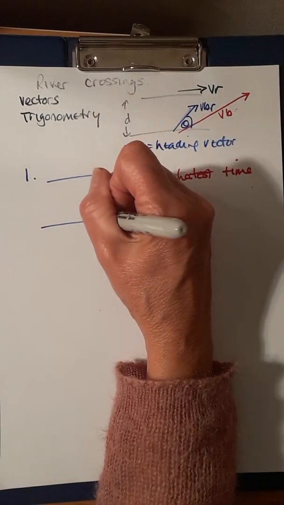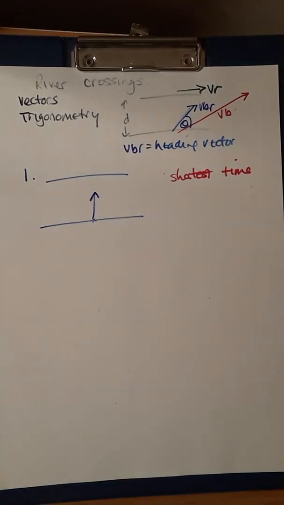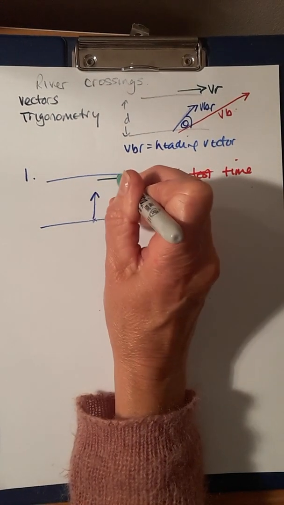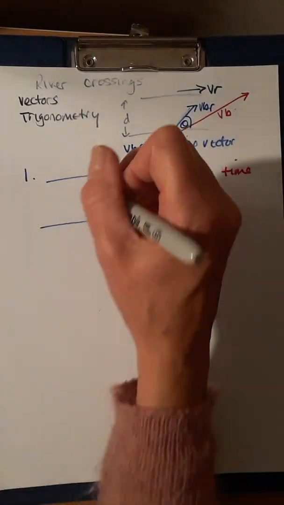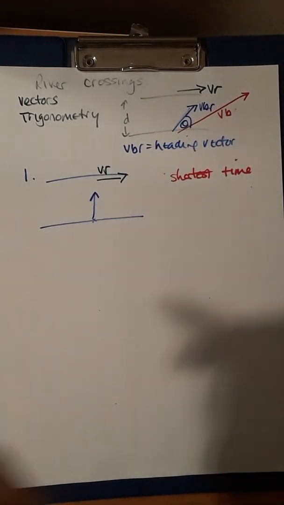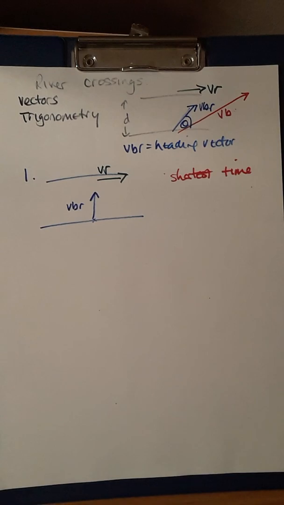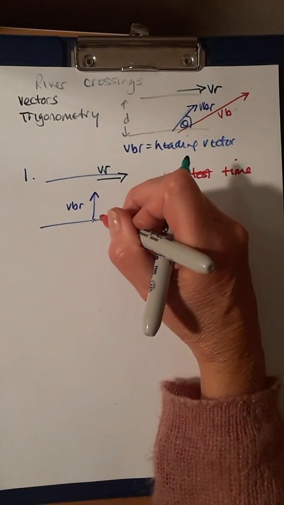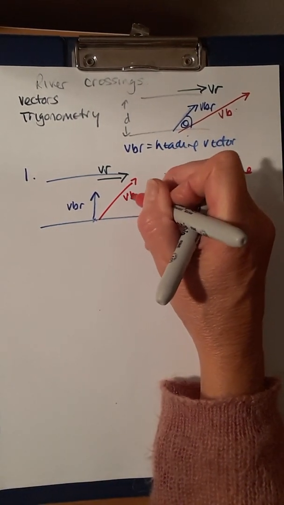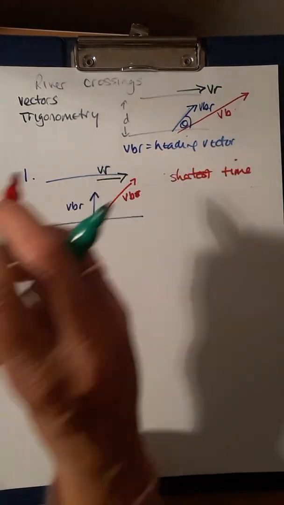So you head straight across, because what you've got to do is cross in the shortest possible time. The river current is going to push you downstream. So this is my heading vector, VBR. Green line is the river. What happens? I end up down here. So that's my VB.